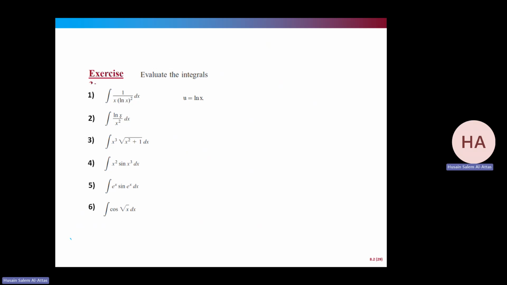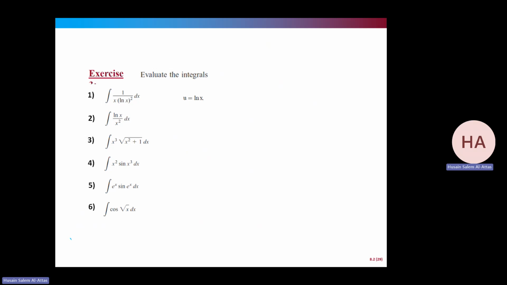Okay, this one, if I take this as u, then I don't have du. I have x also. So that will make it complicated. Still, you can do it this way, but you need to change x into e to the power u.